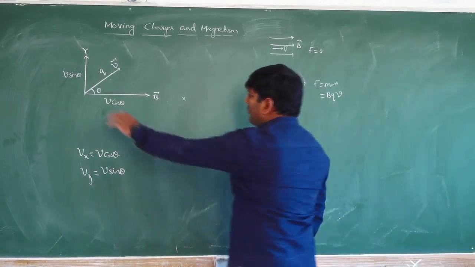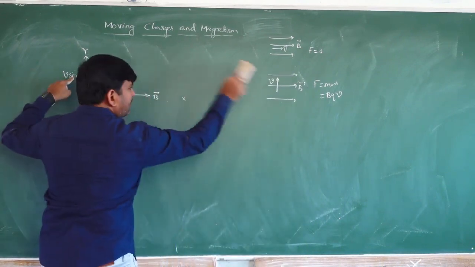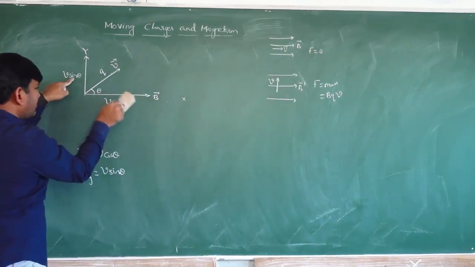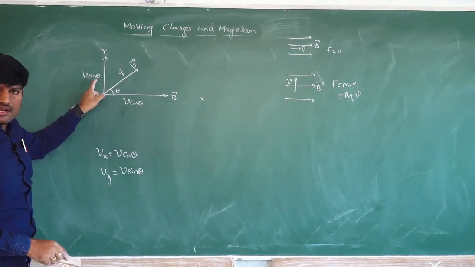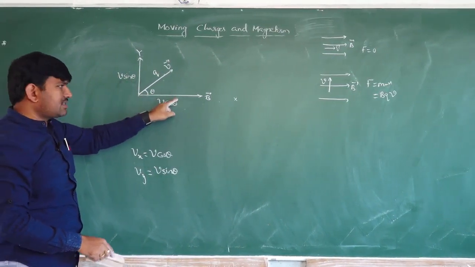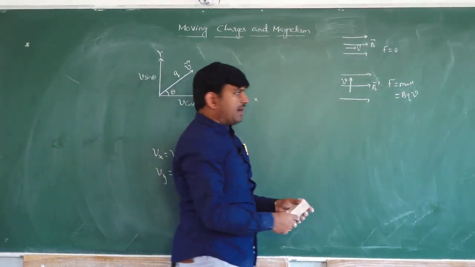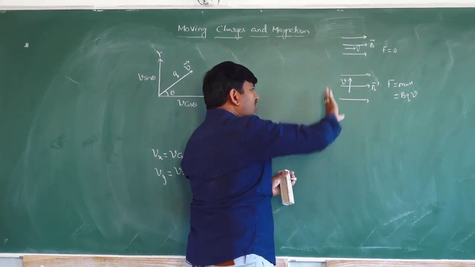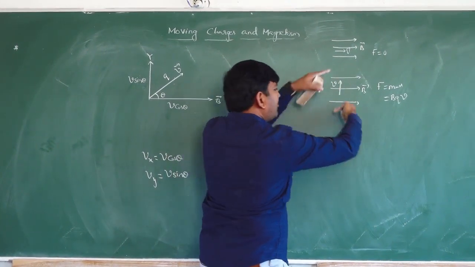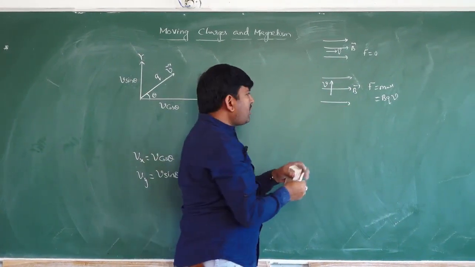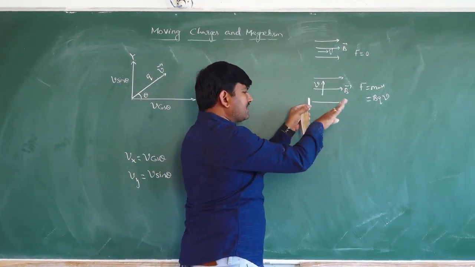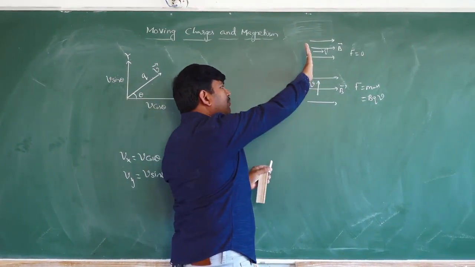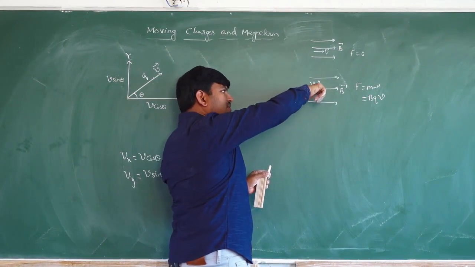Now you see here, V sin theta is perpendicular to B. This case is similar to this. So because of this vertical or perpendicular component, it has to follow which kind of path? Because of this one, V bar cross B bar is into the board. Therefore, it will follow the circle like this. V bar is like this, B bar is like this. V bar cross B bar will be, V bar upward, B bar like this, V bar cross B bar is inward.